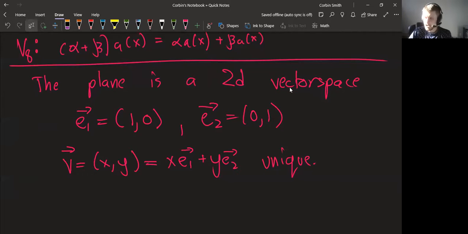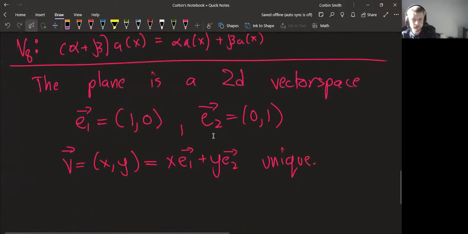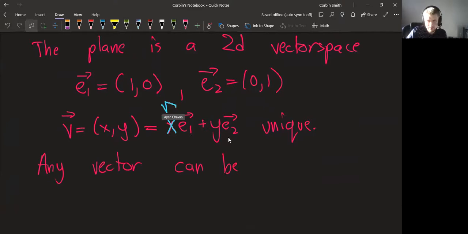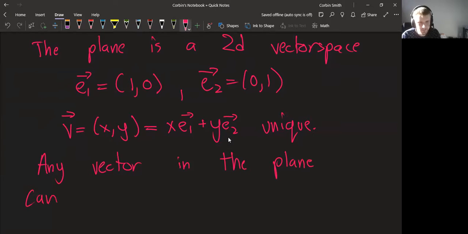Okay, so any vector in the plane can be uniquely written in terms of E1 and E2.